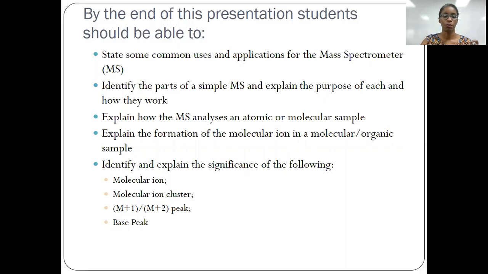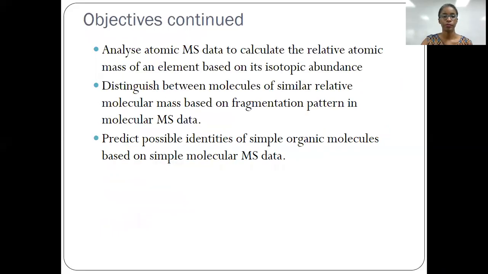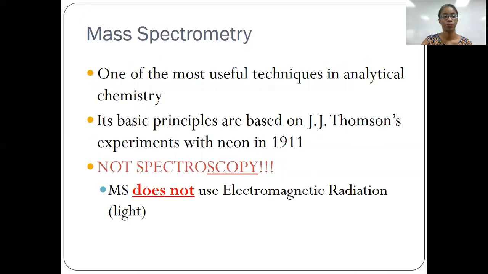While we're going to talk about the molecular ion today, when we actually analyze some spectra, we're going to look at the other parts, referring to the molecular ion cluster, the M+1 and M+2 peaks, etc. That comes a little bit later on. These are some other things that we're going to do, but that will not be in today's session.